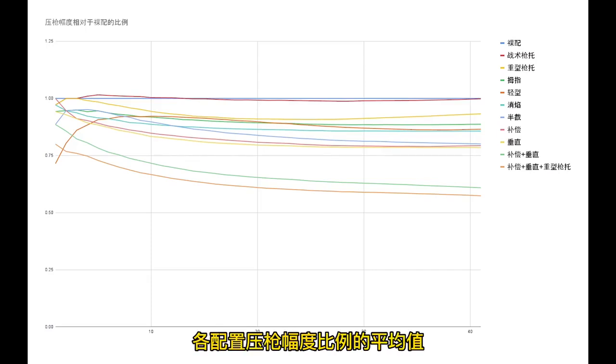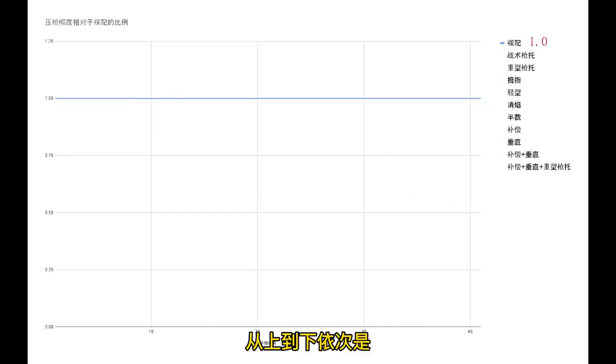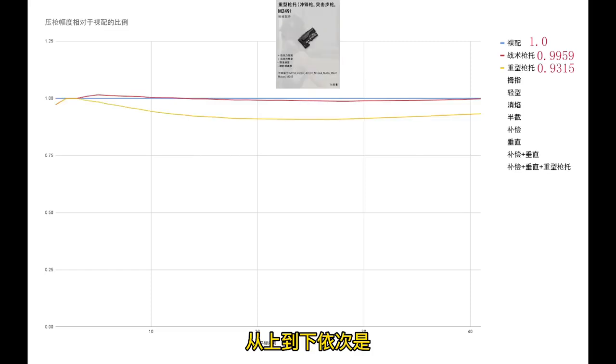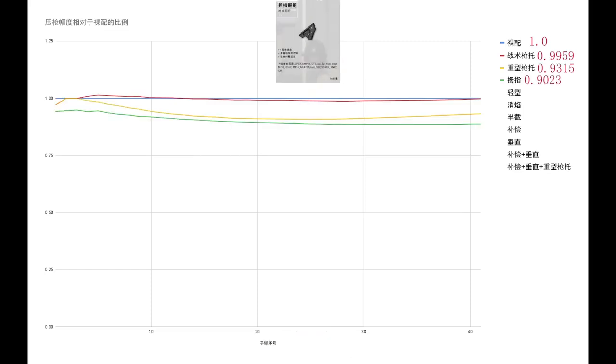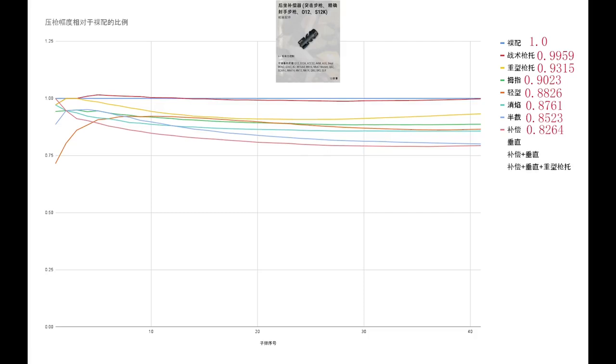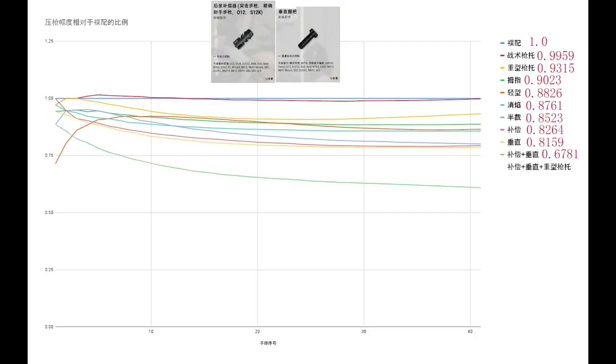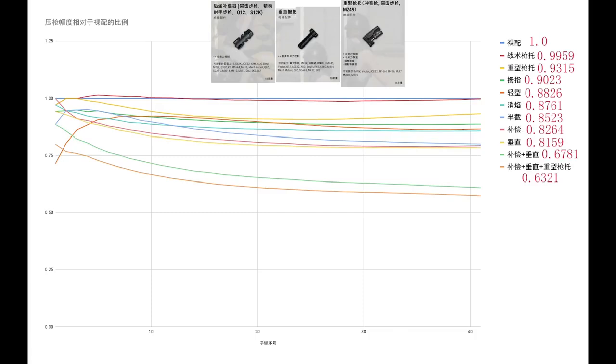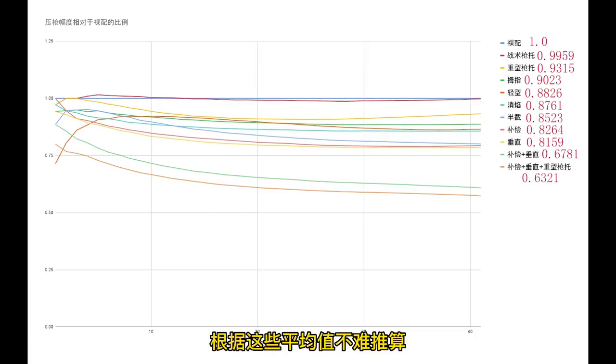Let's start by looking at the average recoil control percentage for each configuration. From top to bottom: 1, 0.9959, 0.93, 0.923, 0.826, 0.8761, 0.8523, 0.8264, 0.859, 0.6781, 0.6321. From these averages, it is easy to infer that the combined effect of each attachment is multiplicative.